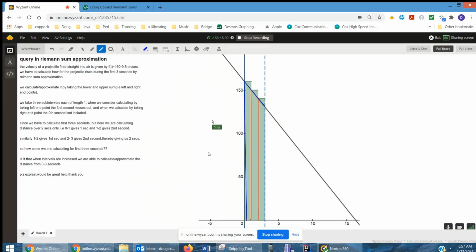That would be 1/2 the height times the sum of the 2 bases. These 2 parallel lines at f(0) and f(3) are the lengths of the 2 bases, and the height would be 3.